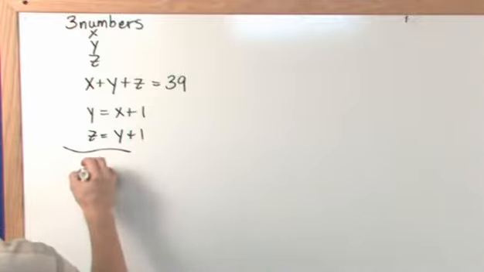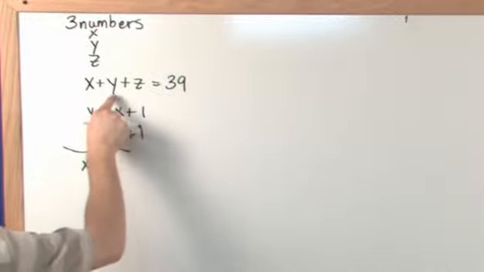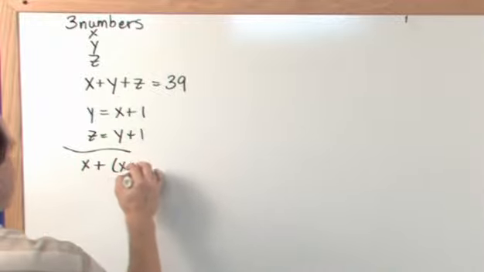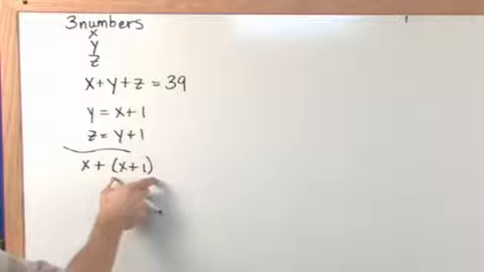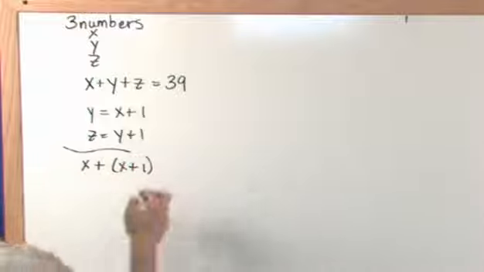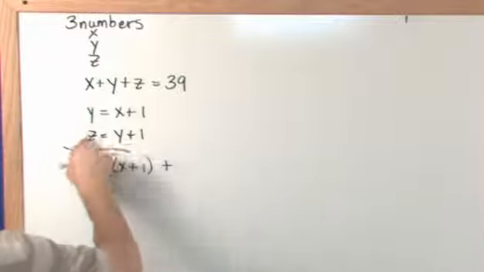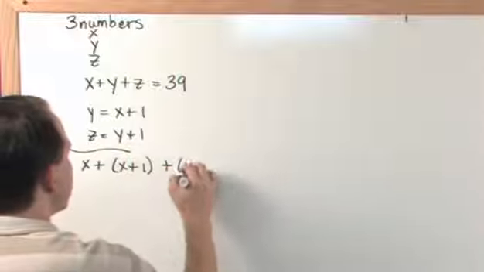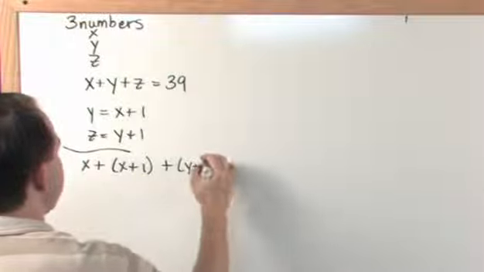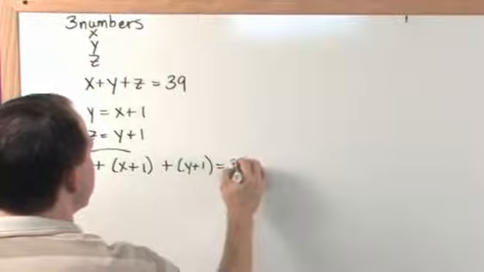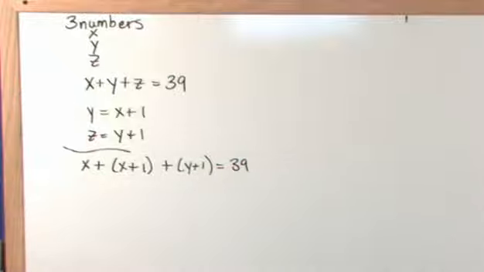So x plus our value for y, which is x plus 1. Always put it in parentheses so you can keep it straight. Plus z, we're just going to plug in y plus 1, is equal to 39. And you'll see where we're going with this in just a second.